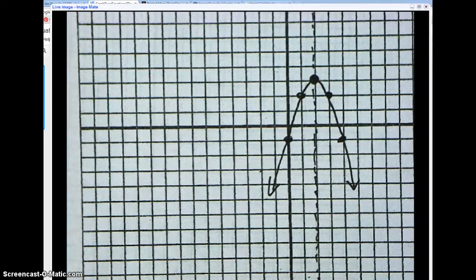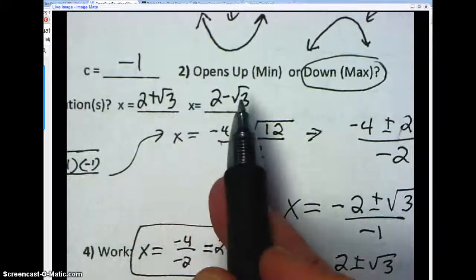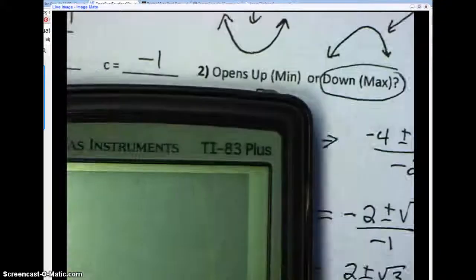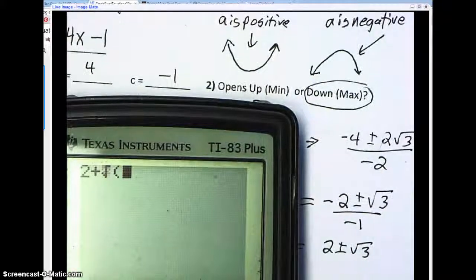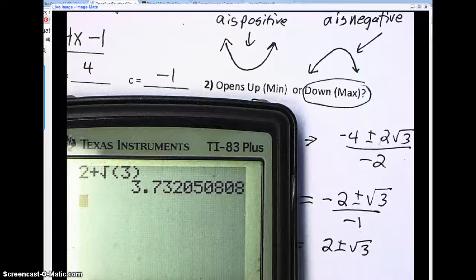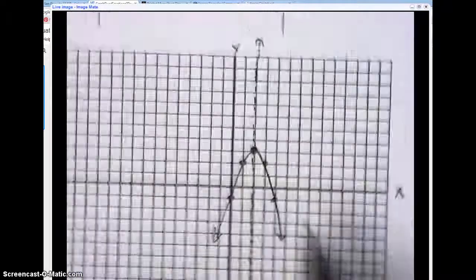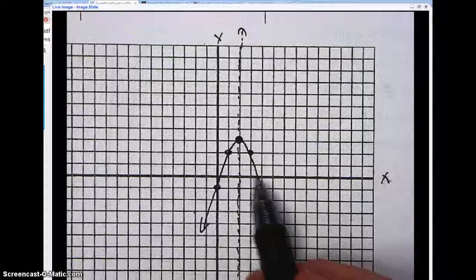The fractions I'm trying to get through to you are that one and that one. So watch what I do when I plug in 2 plus the square root of 3, which is 3.73. Let's see. 1, 2, 3, 4.